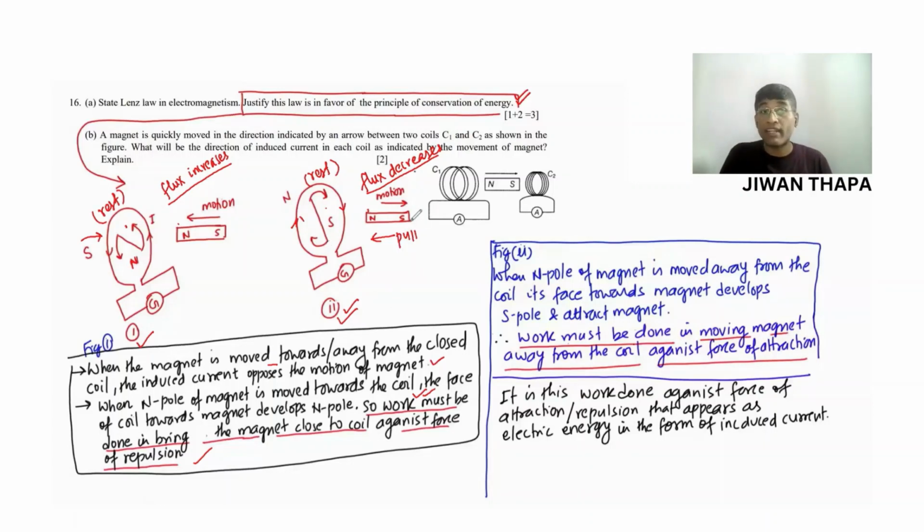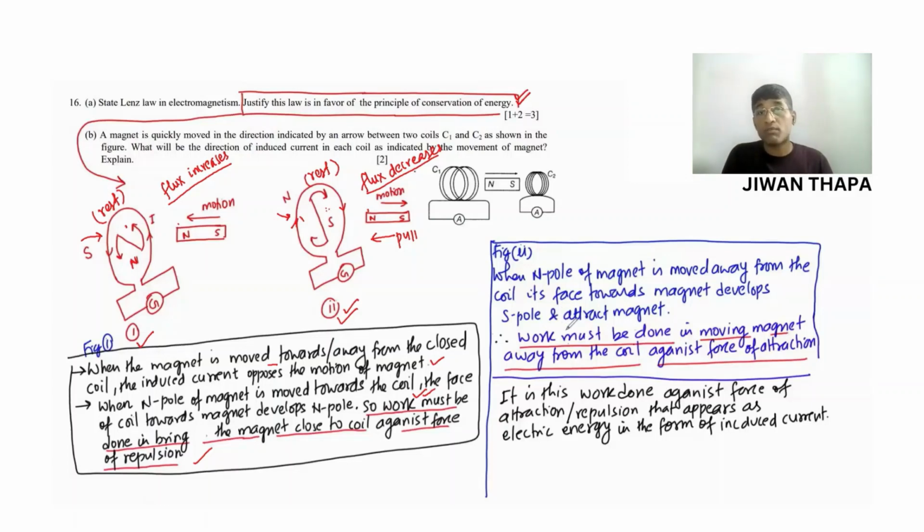So if it pulls the magnet inward, then the induced current flows in such a way that the face facing towards the north pole of the bar magnet behaves as south and the opposite face behaves as north. If this is a south pole, then south and north attract. So when we move the magnet away from the coil, the induced current flows in such a way that the face facing towards the north behaves as south, so there exists a force of attraction.